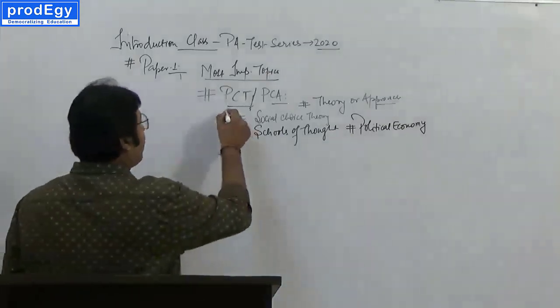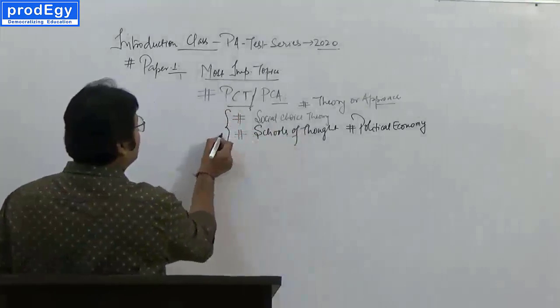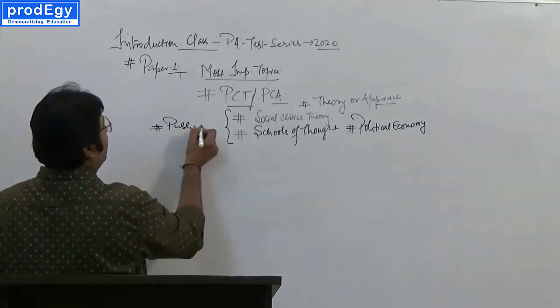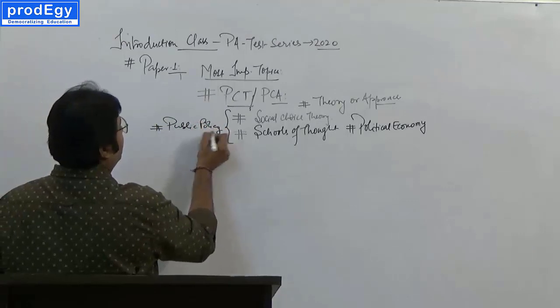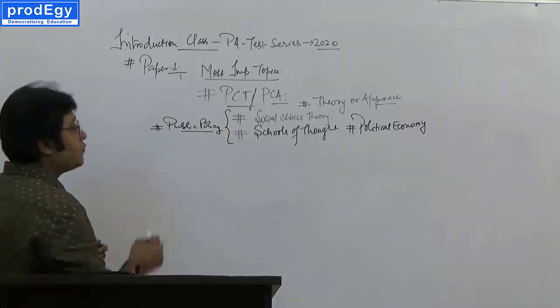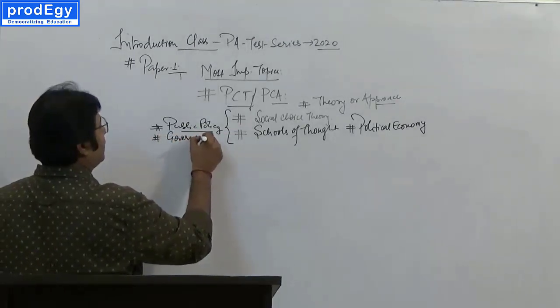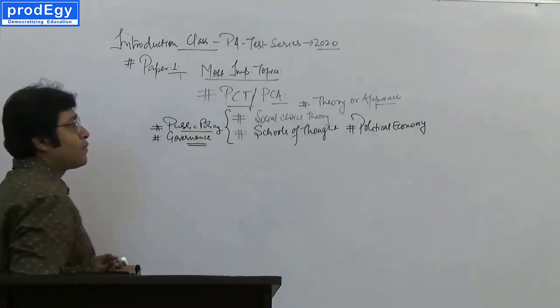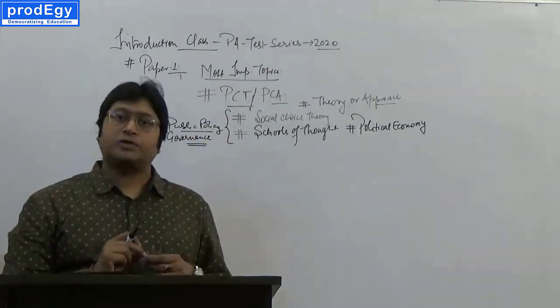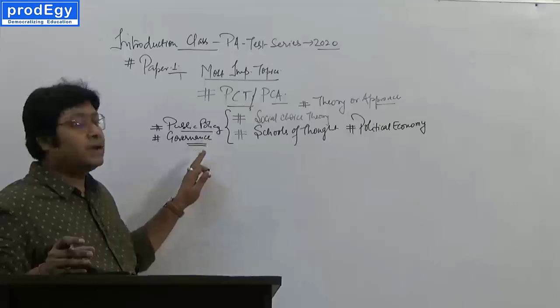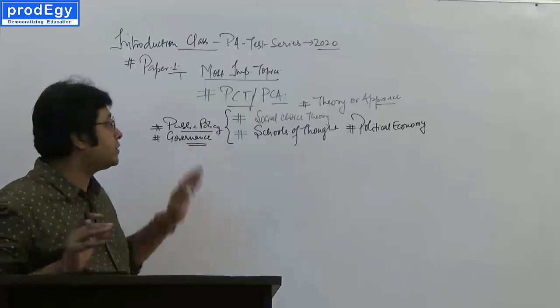You can also link this political economy approach to public policy, to governance. What are the impacts of the political economy approach and why is the political economy approach transforming public policy and the arena of governance?